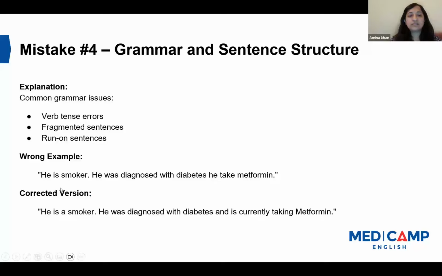Now here is a kind of run-on sentence. He's a smoker. He was diagnosed with diabetes. He takes metformin. Now this sentence structure is not correct. The better way of writing it: he's a smoker. He was diagnosed with diabetes and is currently taking metformin. So placing the connector within a sentence will definitely change the whole concept of the sentence.